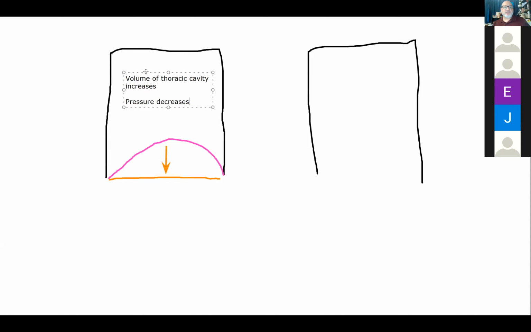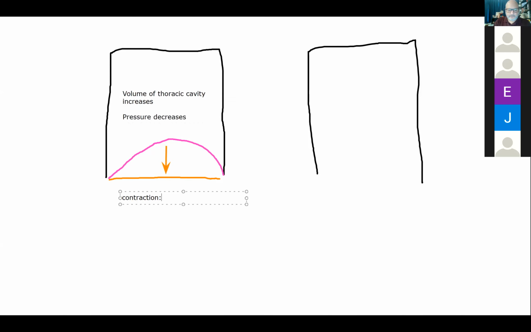When our muscle contracts, again, this is the contraction, this is the active process. And of course, what do I mean when I say it's an active process? You control it. True, but that's not necessarily what I mean. That is true. How do I control it? What makes it active? ATP. Yeah, uses ATP. Excellent. So when we contract, that active process of using ATP, it lowers the pressure.